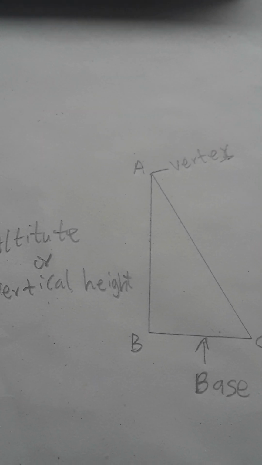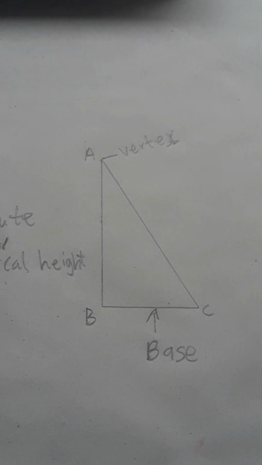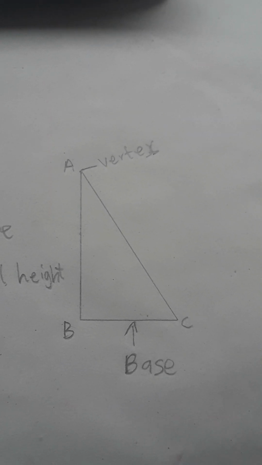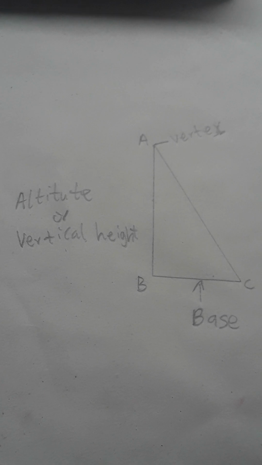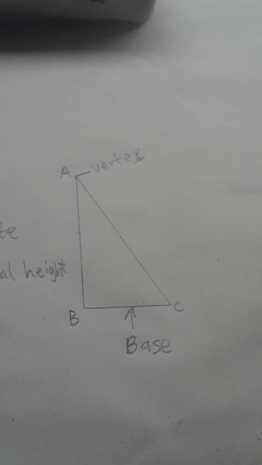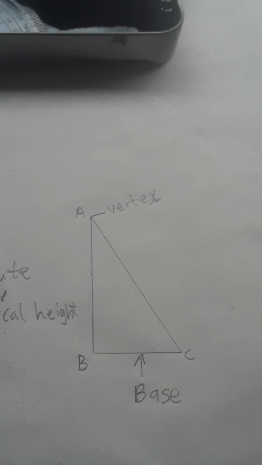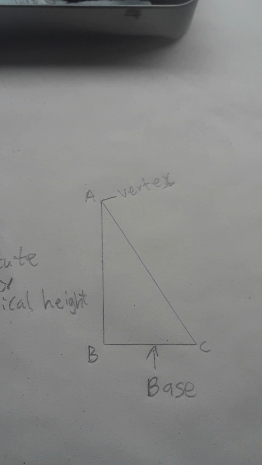You also can describe a triangle with the consideration of both the length of the sides and the sizes of the angles. Remember, I told you that we have different types of triangles, and these can be described according to the length of their sides, or by the sizes of their angles.